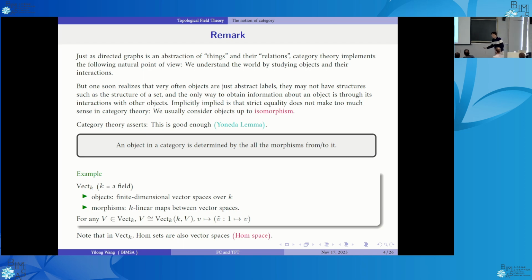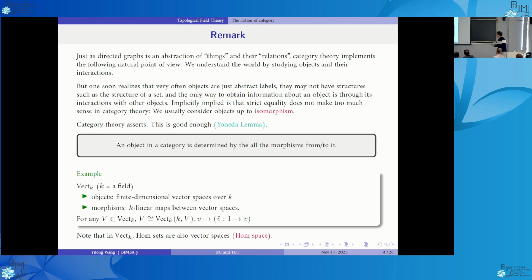And this is rigorously stated in the Yoneda lemma. The slogan we learned is that an object in a category is determined by all the morphisms from or to it. So for example, even if you have a very concrete category where objects do have a set structure, we still can apply this slogan. For example, I can consider the category of finite dimensional vector spaces over a field k, where morphisms are k-linear maps between these vector spaces.